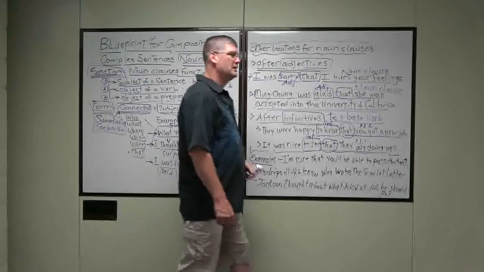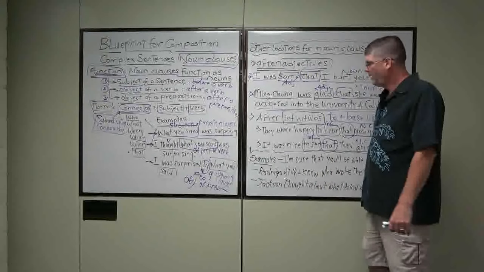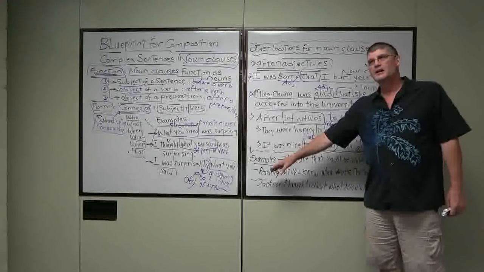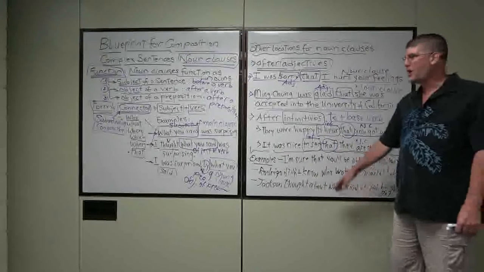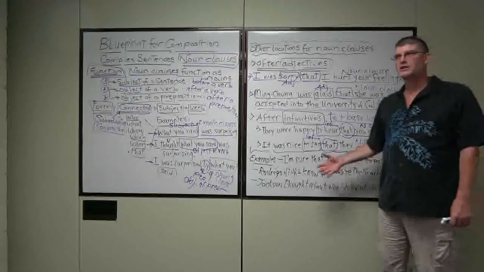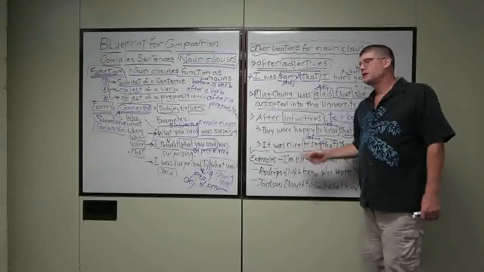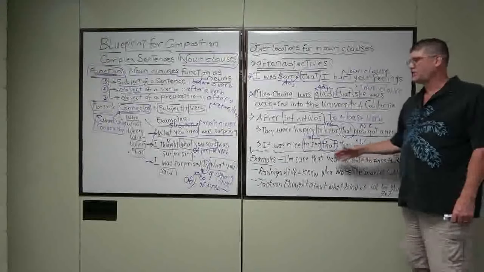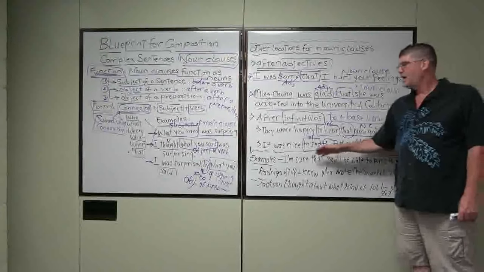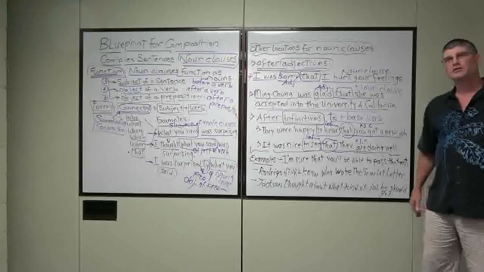Now, just to test your knowledge at this point and see how well you're doing, I wrote a few examples on the board of sentences that contain noun clauses. For these three examples, I would like to identify the noun clauses in the sentence and describe their function. I'm going to give you viewers at home a chance to try to figure out where the noun clause begins and ends first, and then I'm going to underline it, label it, and see how well you do.